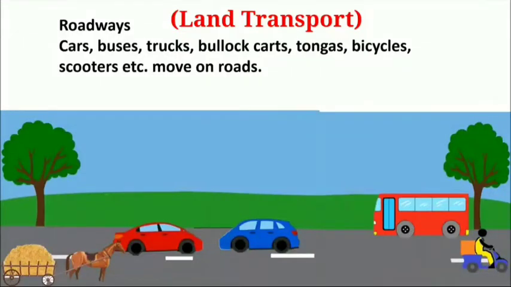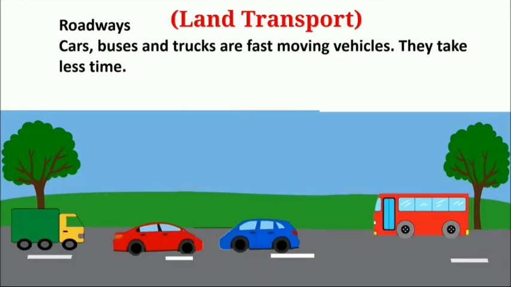Roadways, it's a type of land transport. Cars, buses, trucks, bullock carts, tongas, bicycles, scooters, etc. move on roads. Cars, buses, and trucks are fast moving vehicles. They take less time.